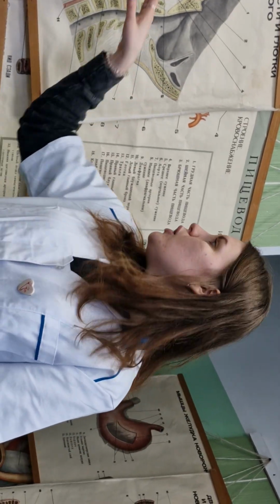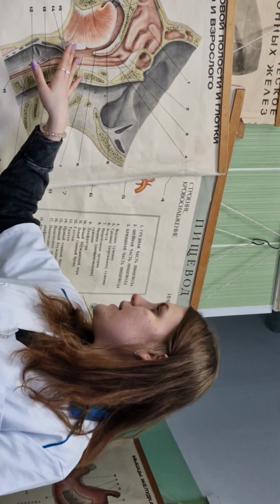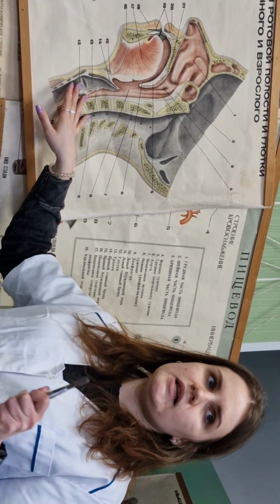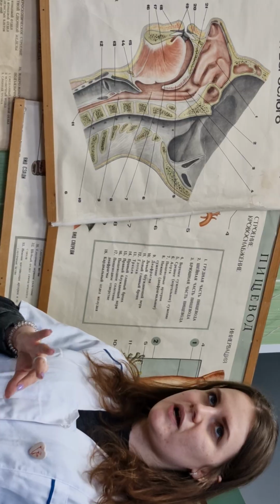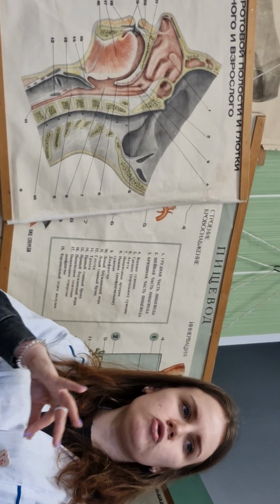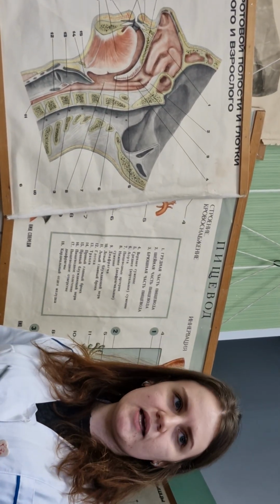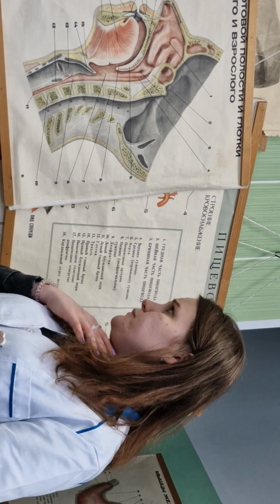Yes, it's bad. Understand? This is advised. So our food bolus goes to our oropharynx and then passes to the esophagus, not to the larynx. Larynx is the first part of our respiratory system that then goes to the trachea and lungs. Understand this?